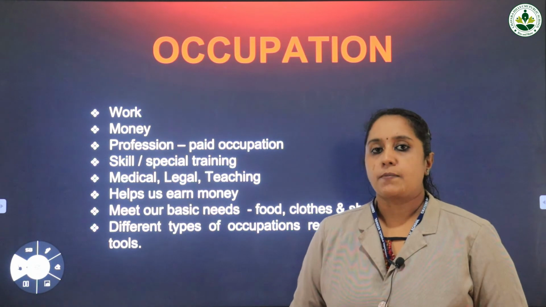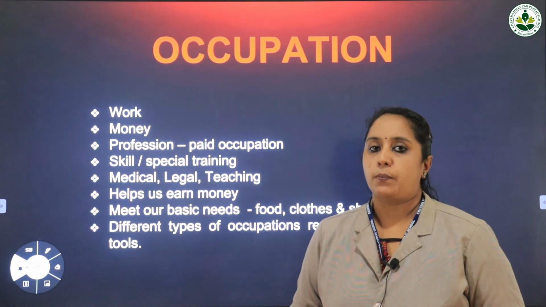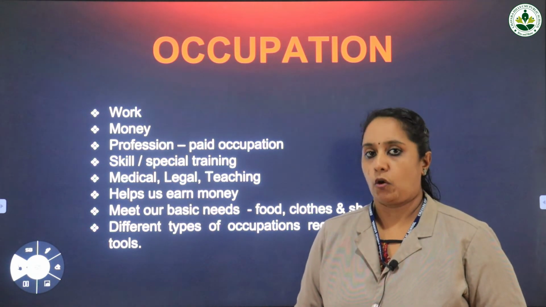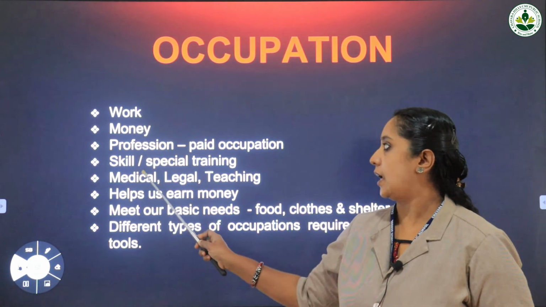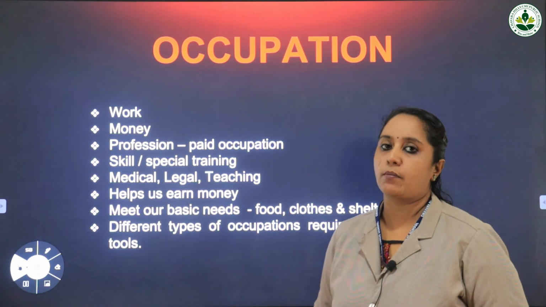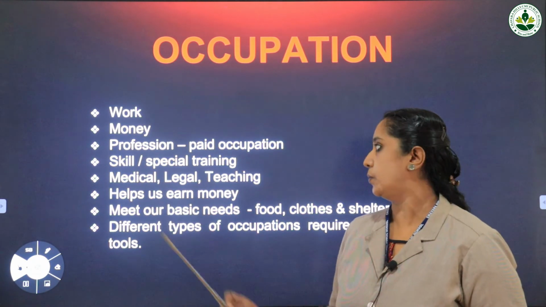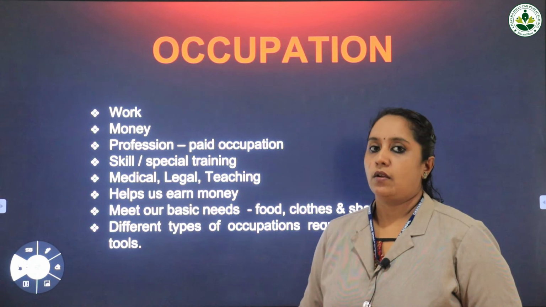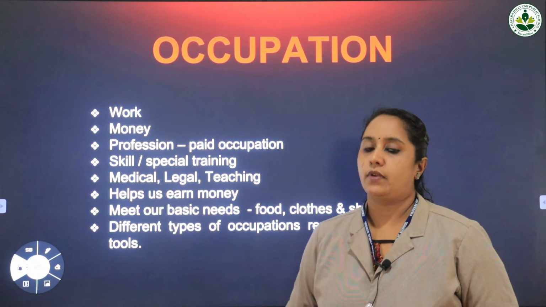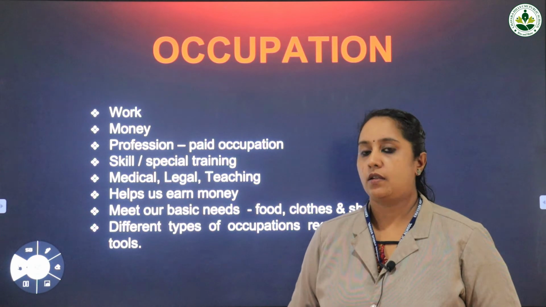Now there are different types of occupations. That means people engage in different types of job and they get special training for that. So they need skill or special training. For example, for being a doctor we need to be trained in medical courses, and for being a lawyer we need to learn law.